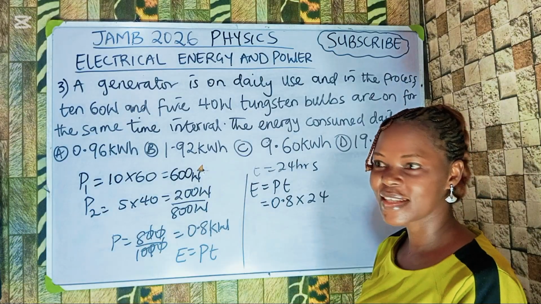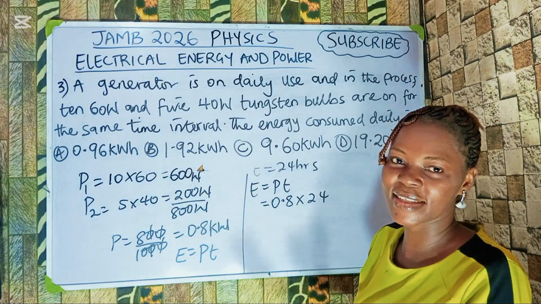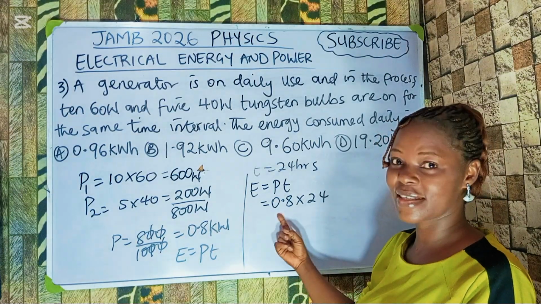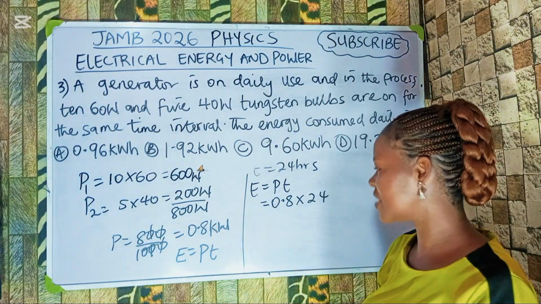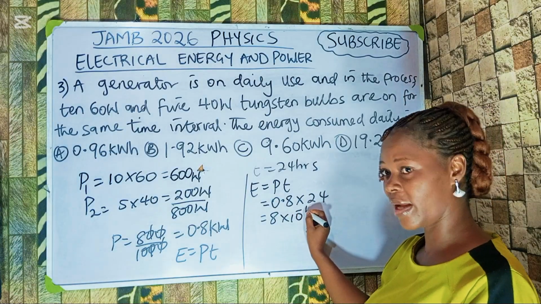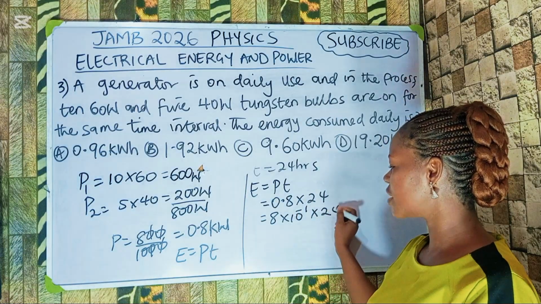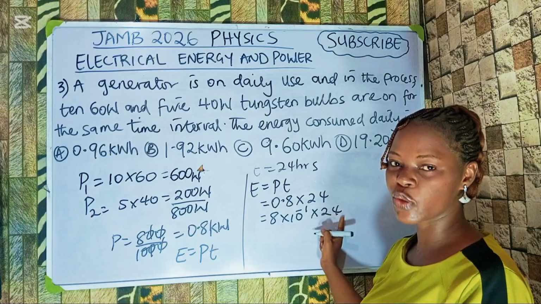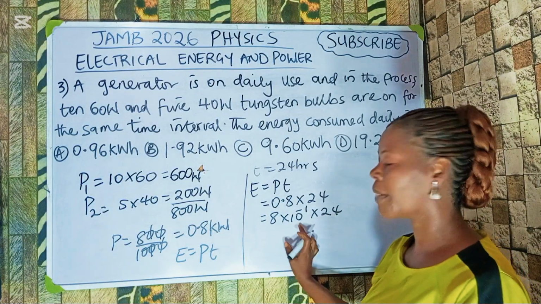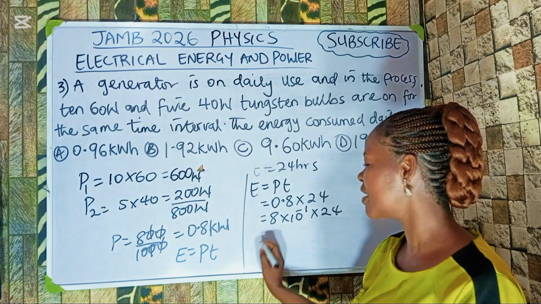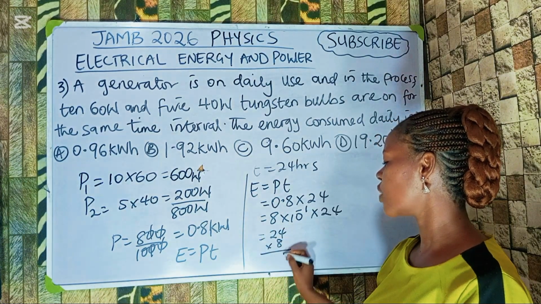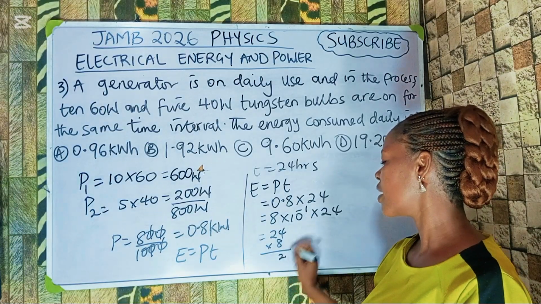And now your question is, how are we going to do this in less than 30 seconds, right? So what you are going to do is this. You can decide to change this to standard form, okay? It's the same thing as saying that this is 8 multiplied by 10 to the power minus 1, right? Then multiply by what? 24. Now you cannot multiply 24 by 8. Anything you have, you now remove this power minus 1 from there. What do I mean? So this is 24 multiplied by 8, right? Okay, this is going to give me 32. I'll write 2, carry 3.